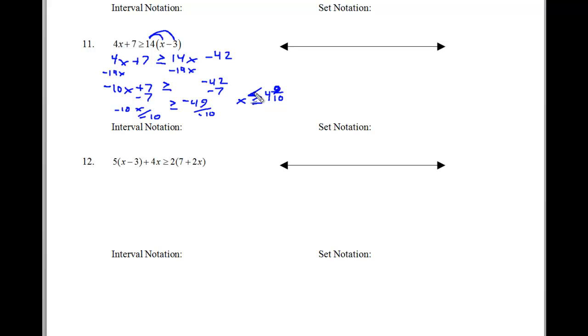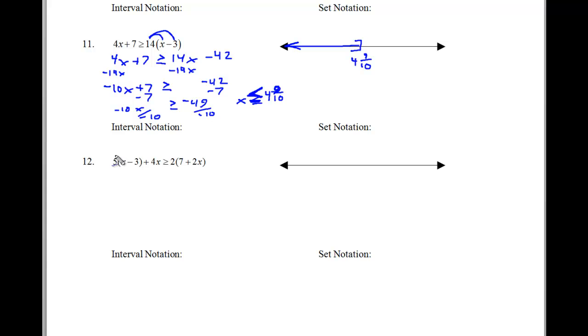So be aware that this symbol has to be flipped there. So it's less than or equal to instead of greater than or equal to. So my 4 and 9/10 or 49/10 is going to be here with a bracket going to the left and shade to the left. So we will flip the symbol when we multiply or divide by a negative.